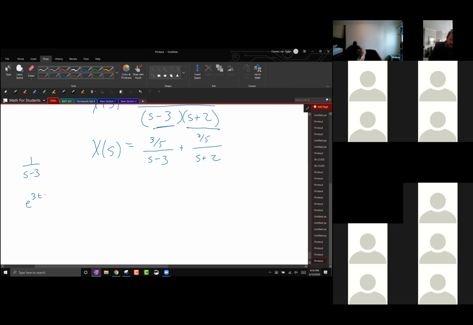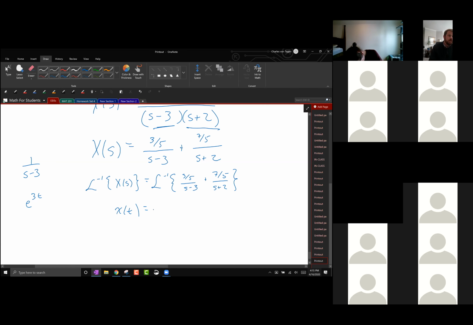Exactly. And so we get that when we do the inverse transform to this, and now I'm going to take the inverse transform of both sides. On the left-hand side, I get x of t. I'm back to x of t land, right?